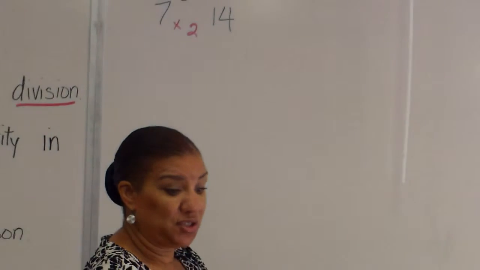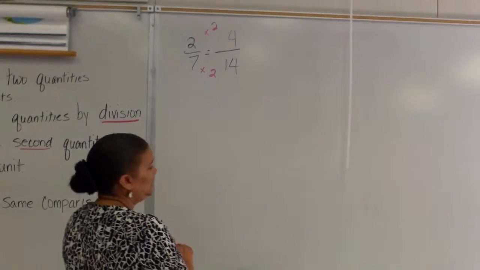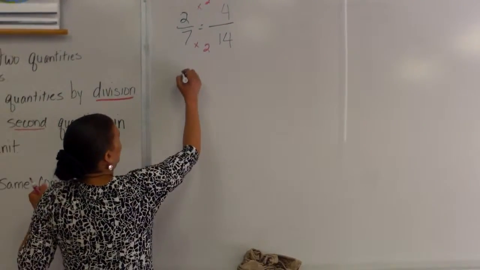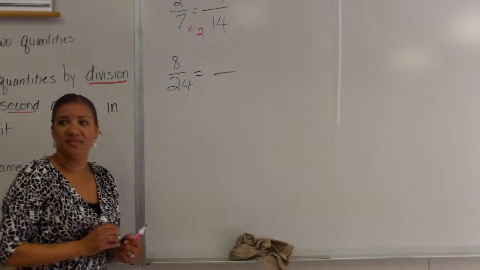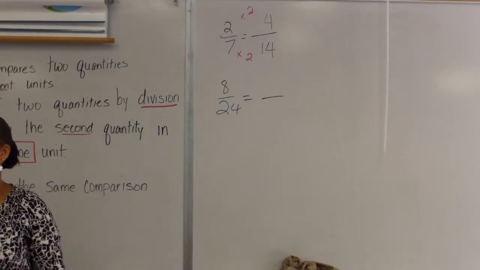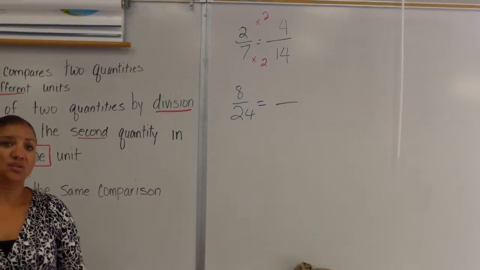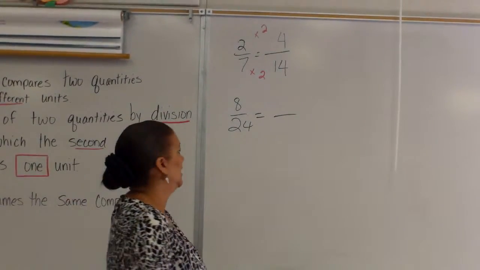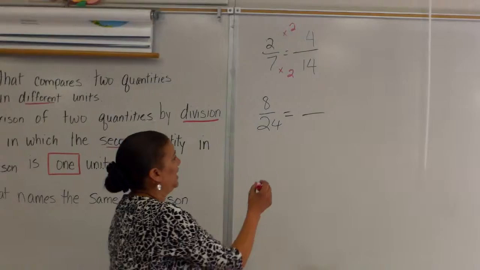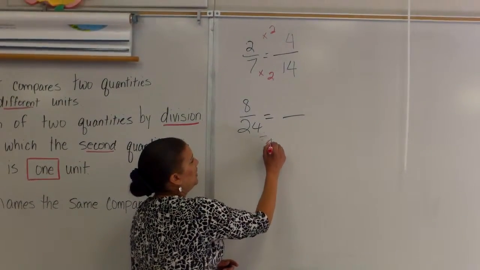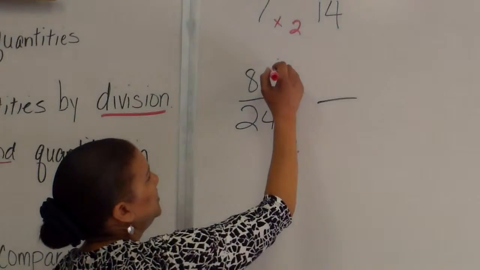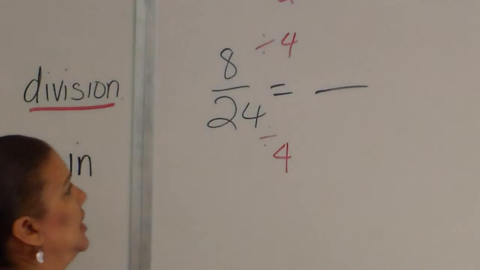Let's do a division this time. Ratio of 8 to 24. How do I find the equivalent ratio of 8 to 24? Let's divide it this time. 24 divided by 4. And the top term, 8 divided by 4.